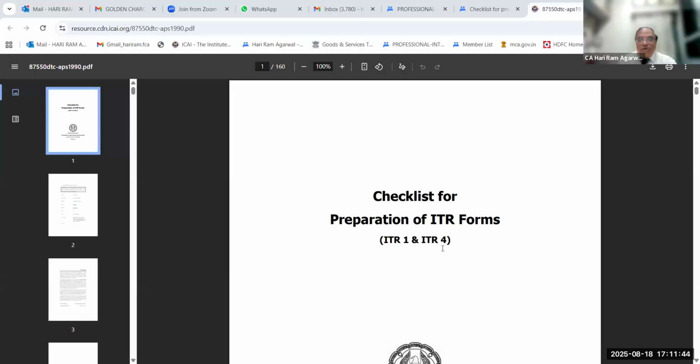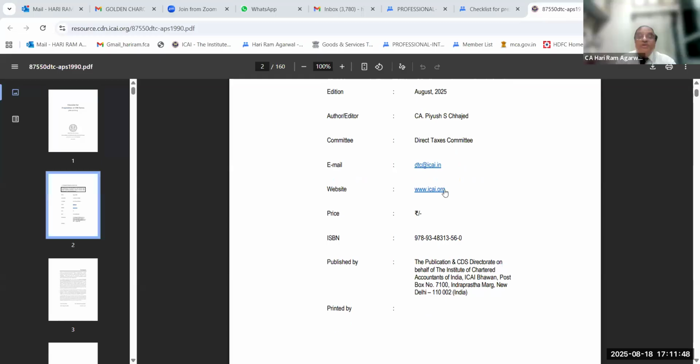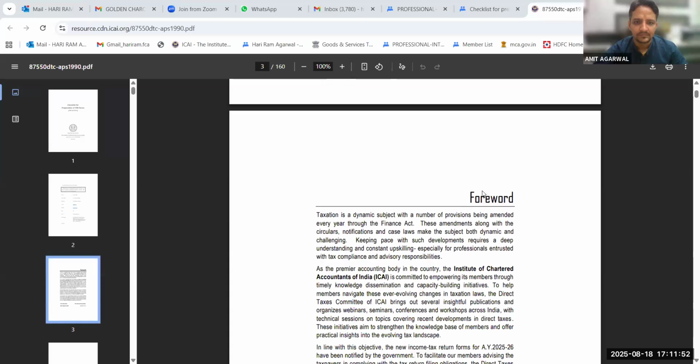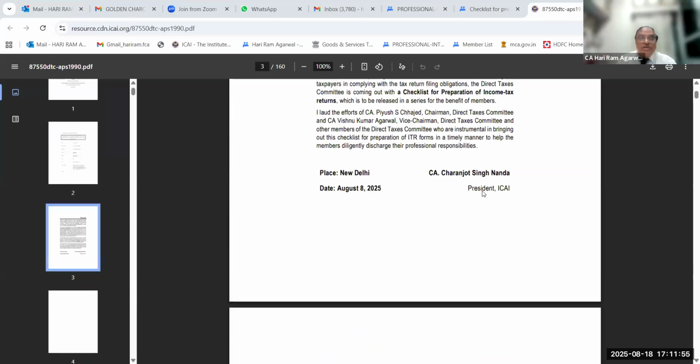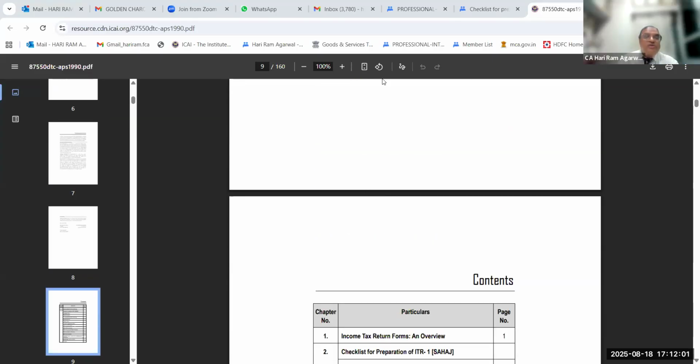Yes, sir. Checklist for Preparation of ITR Form 1 and 4. This is the publication, and it was recently released in August itself, on the 8th of August only.